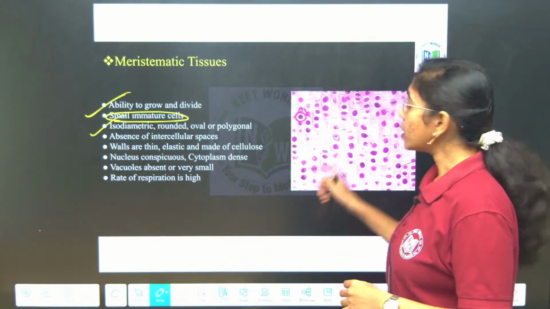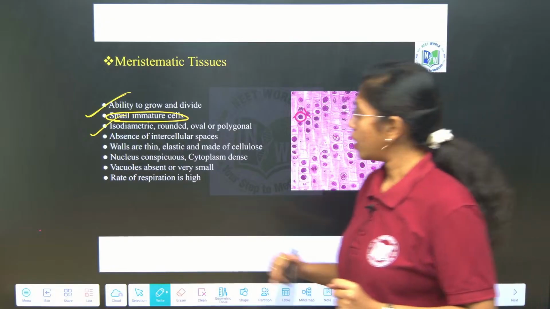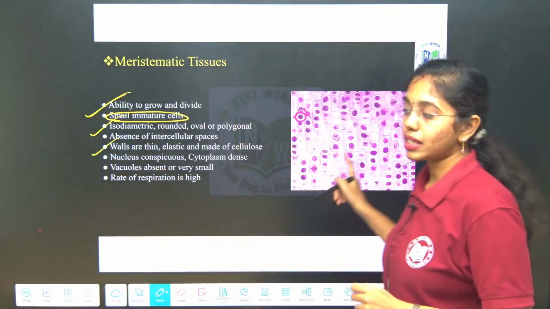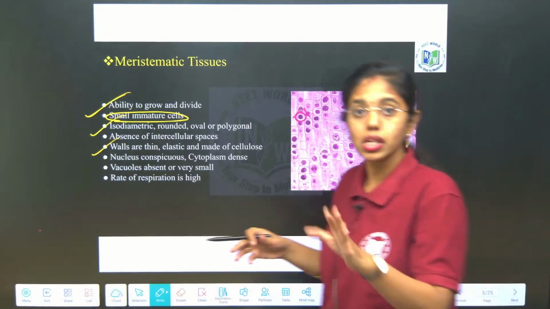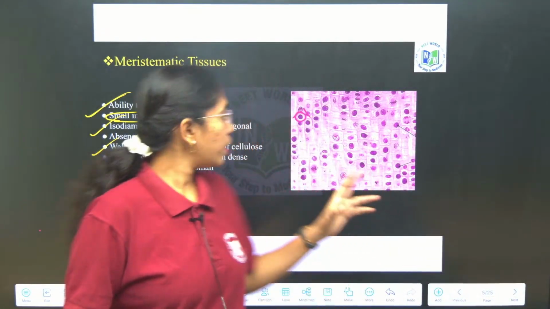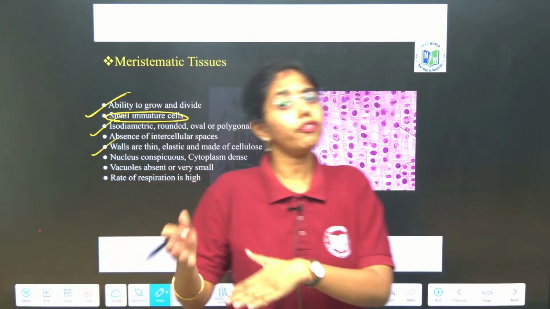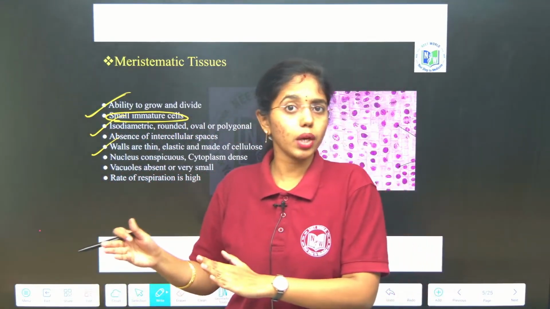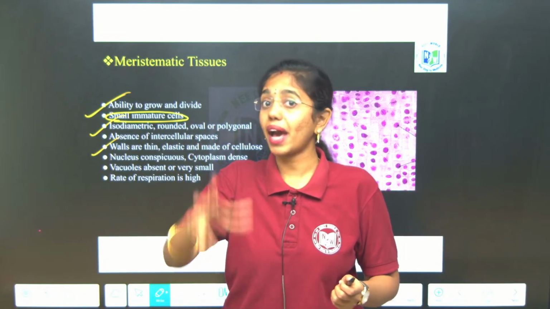Next, intercellular spaces are absent in between meristematic cells. And then all the cell walls, as they frequently divide, they do not have secondary cell wall depositions, they have thin cell wall. Remember, that is a simple logic. Meristematic cells means they divide frequently. They are dividing frequently means the cell wall will be very thin and parenchymatous.